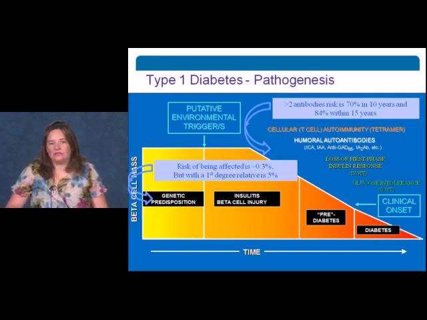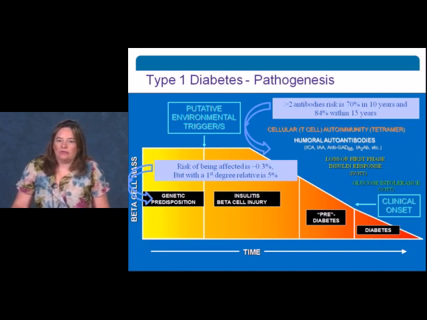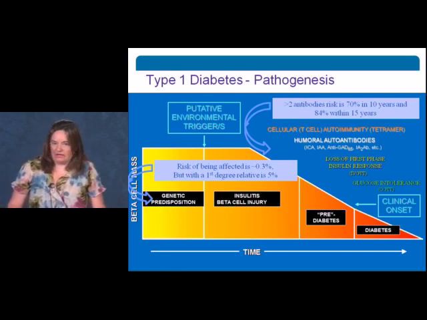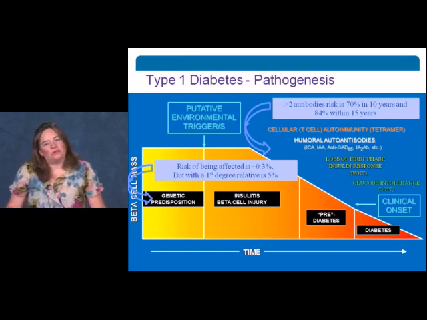This institutes the autoimmune attack, beta cell injury, and insulitis, which is the picture I showed you with the infiltrating lymphocytes. We first can pick that up in peripheral blood samples in something called tetramers that show us the T cell response. That's followed by humoral autoantibodies, which are the first signs we can screen for clinically.